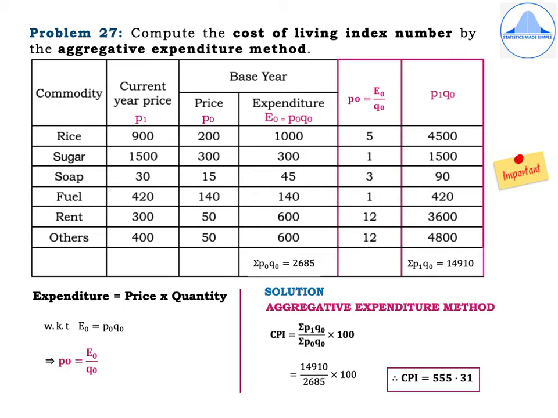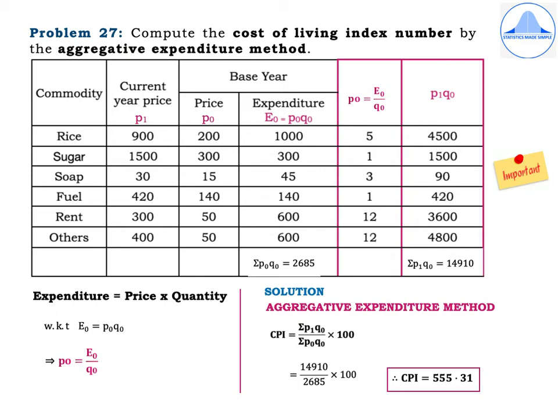the values are 5, 1, 3, 1, 12, 12, and P1 Q naught values are 4500, 1590, 420, 3600, 4800. So summation P1 Q naught is 14,910 and summation P naught Q naught is 2685.